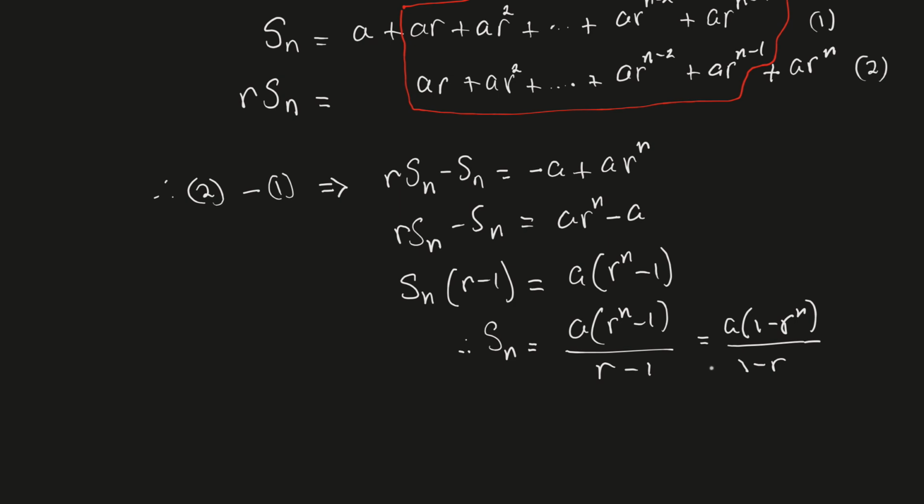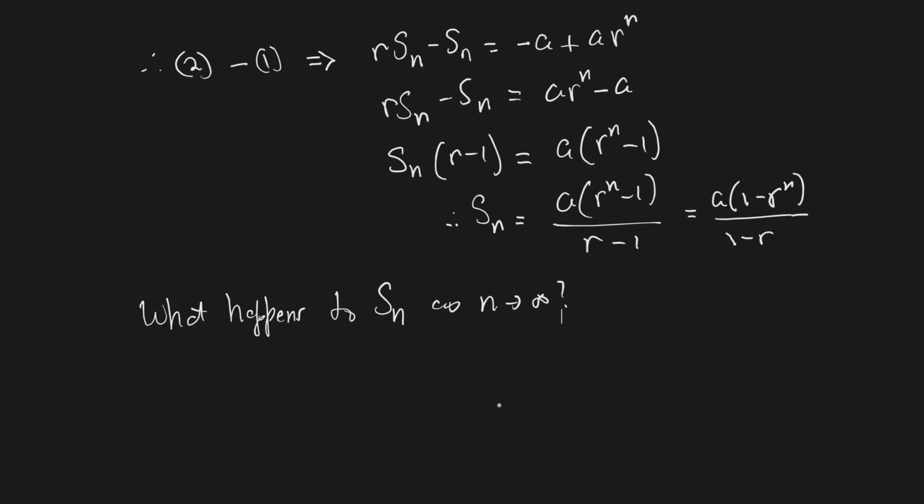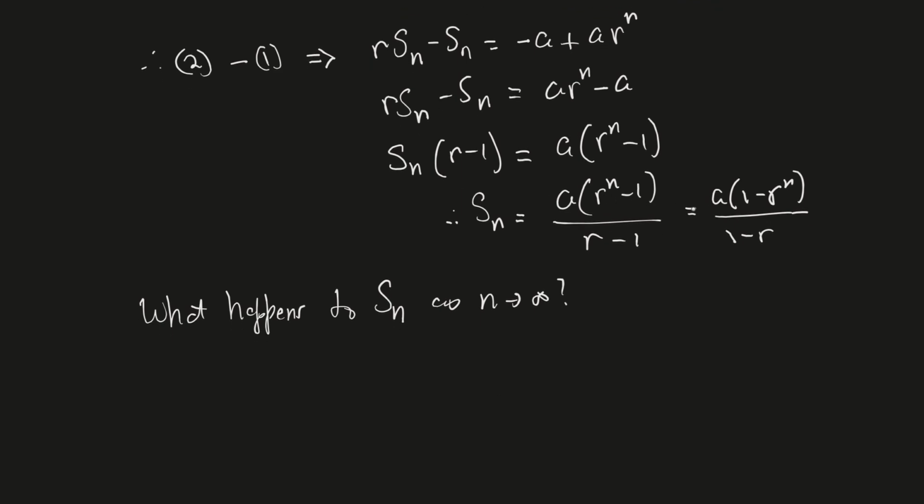Our goal now is to ask what happens to this expression as n goes to infinity, right? So now we have to figure out what happens to S sub n as n goes to infinity. Well, what makes this not so difficult is that there is only one term in this entire fraction that has an n there, right?